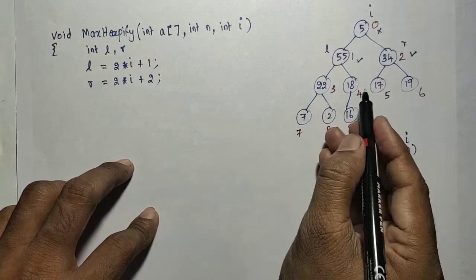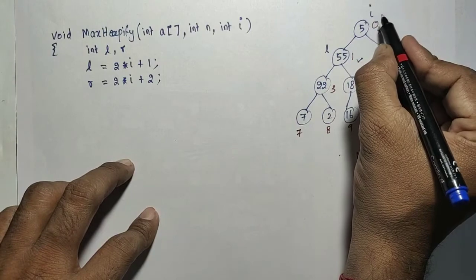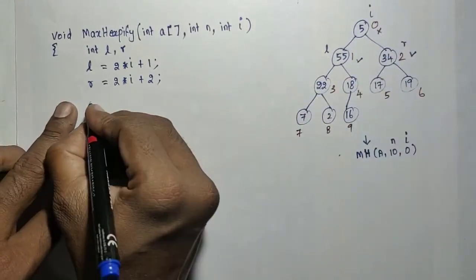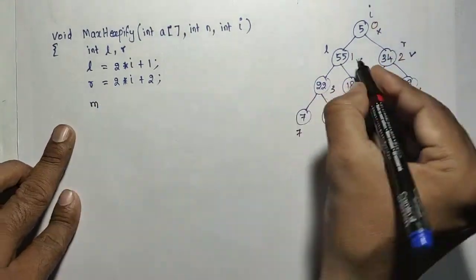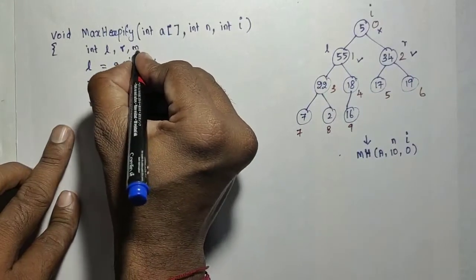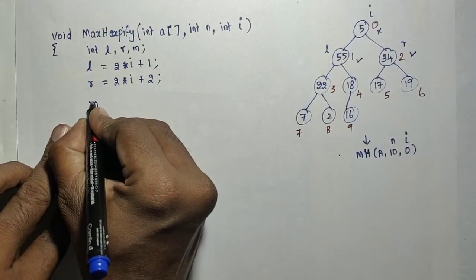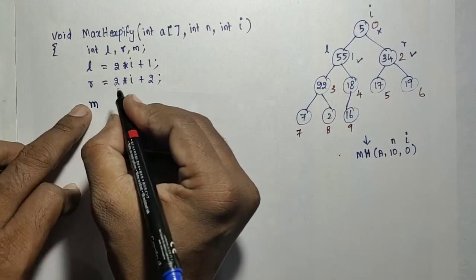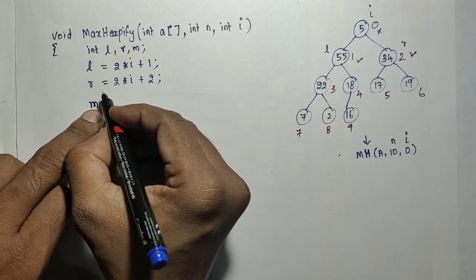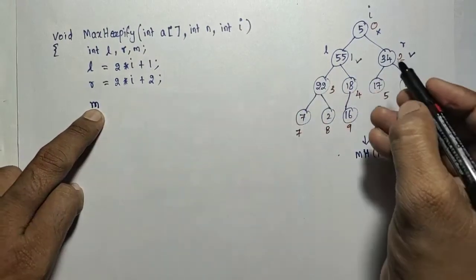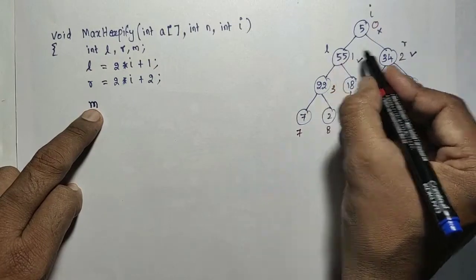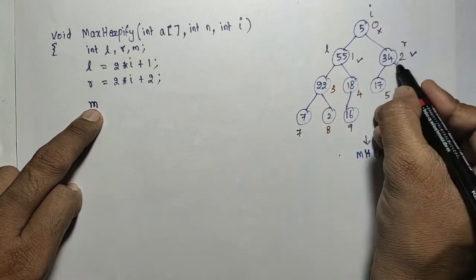Next I need to introduce the maximum. I have to find the maximum between L and R. So M is going to hold the index of either left or right, whichever of the two is the maximum.